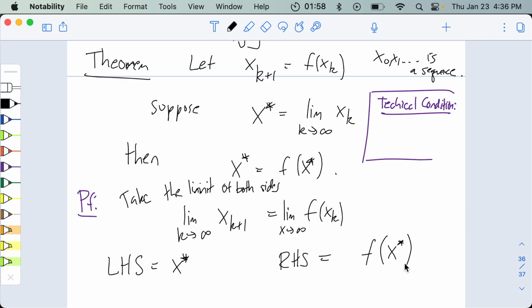Yeah, I think you have the right idea, that we need to make sure f is a nice, well-behaved function so that this is okay. You're making it nicer than it has to be. F is continuous. It just has to be continuous.